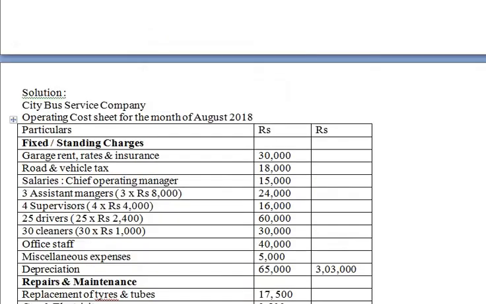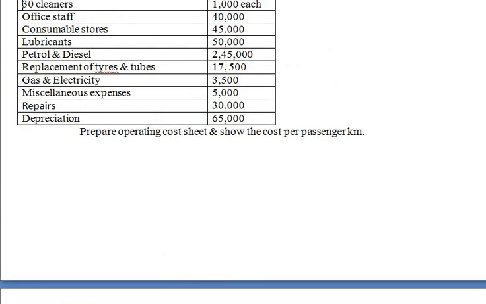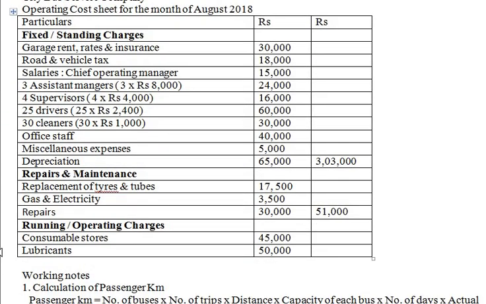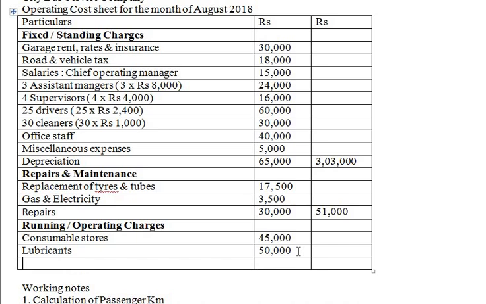Again go through the problem. Petrol and diesel. Now we have taken the expenses under running or operating expenses also.